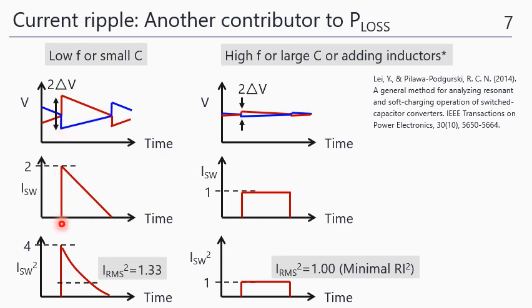So when the actual switching current is like this, the triangle case, then I squared has a much sharper shape than the case when the charge transfer is about a constant current like this.